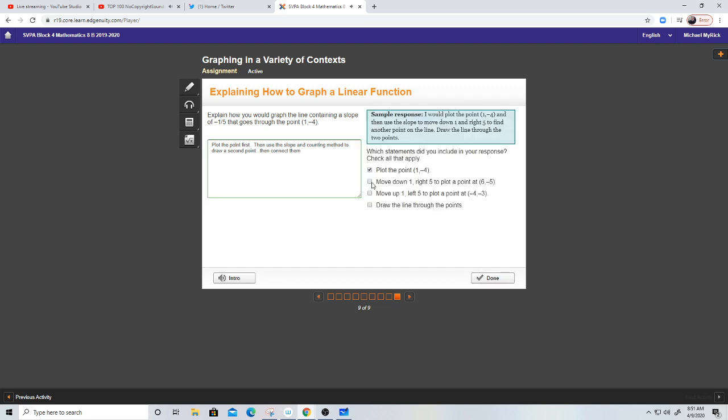Plot the point, move down, counting method. They went extra. I wouldn't do this one, but it's correct. You know what? I'm gonna be honest, I'm not even gonna mess with it. Draw the line through the points. You only need 2 points.